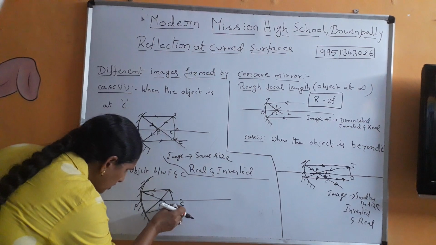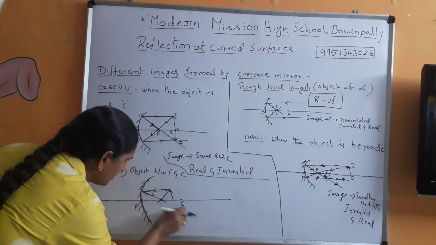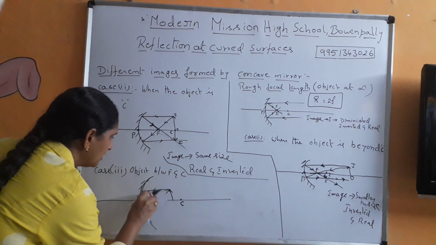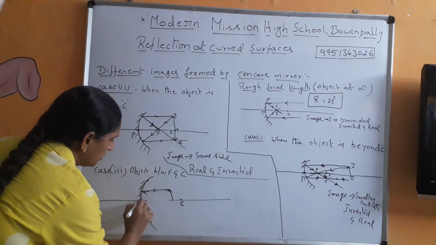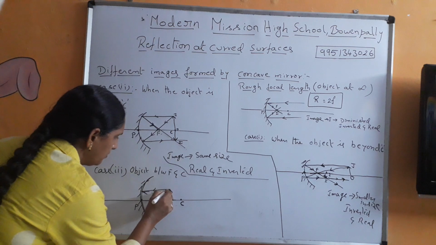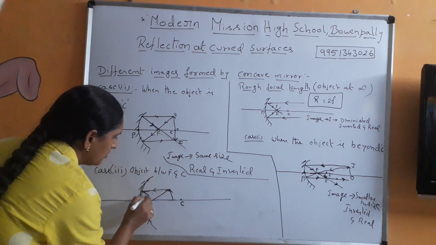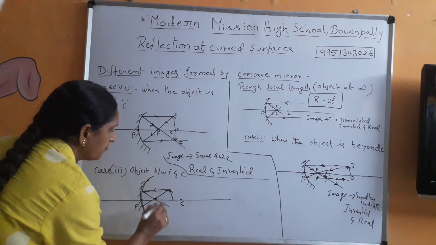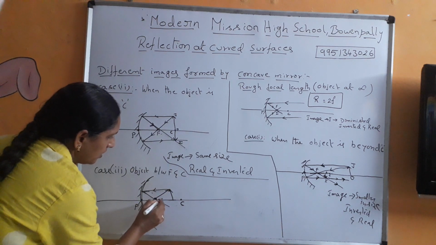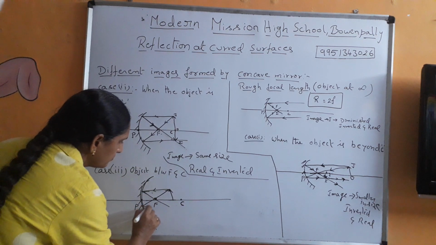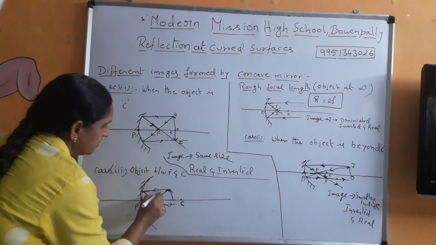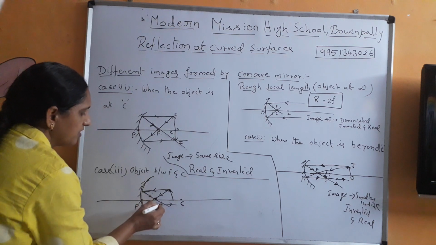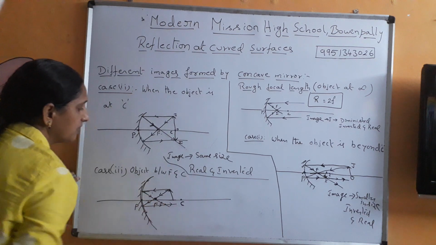I think I am unable to draw a straight line here properly. So let me fix it. First let me draw both the lines, then I will fix the focus. Because I am drawing it here, it is slipping. So let me locate the focus to be here. Now this is the reflected ray, and here this is the reflected ray. Where are they meeting? Here they are meeting.